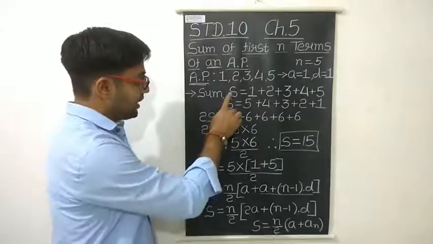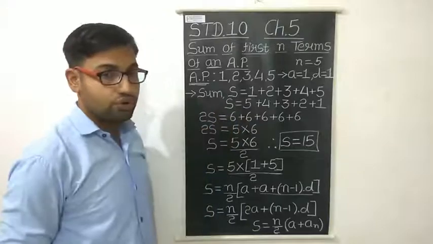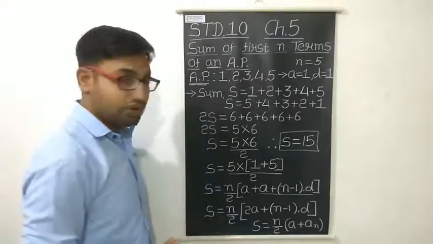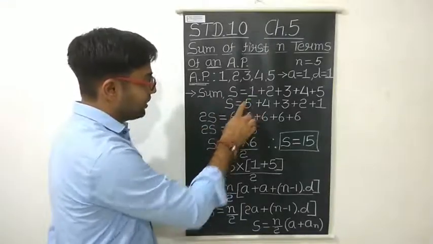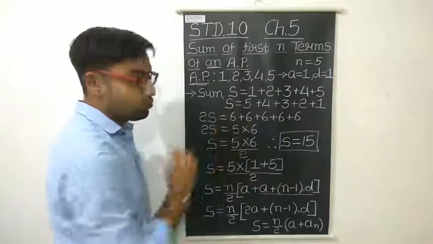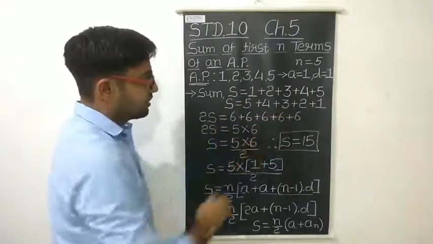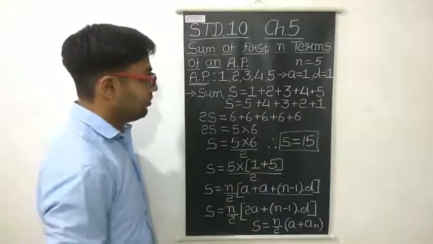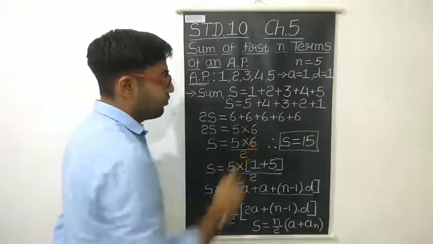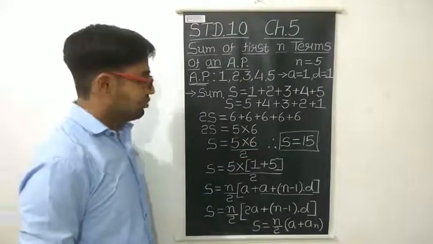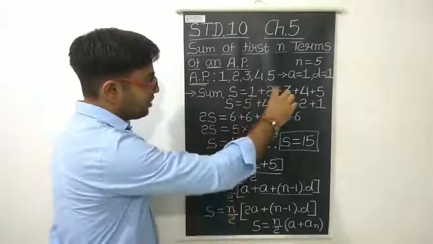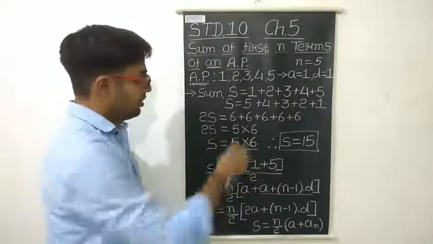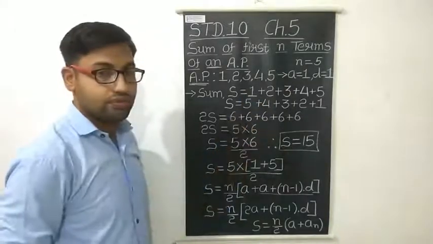Now what will happen if we add both these equations? On the left hand side we get S plus S, that is equal to 2S. On the right hand side, what will happen? See, 5 plus 1 is 6, 4 plus 2 is 6, 3 plus 3 is 6, 4 plus 2 is 6 and 5 plus 1 is 6. So 5 times we have to write 6. By adding both these we get the same value, right?